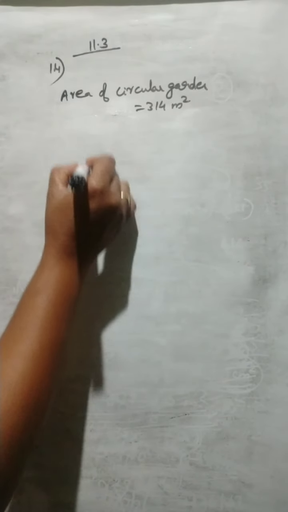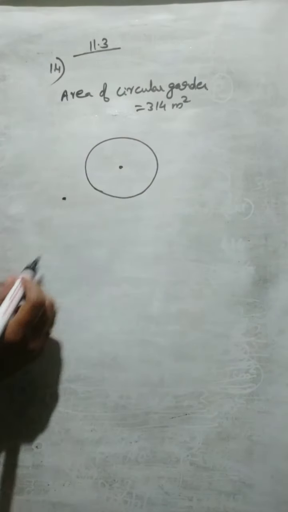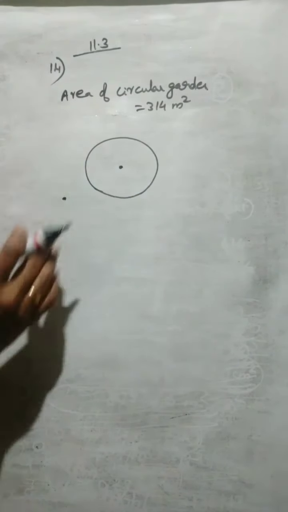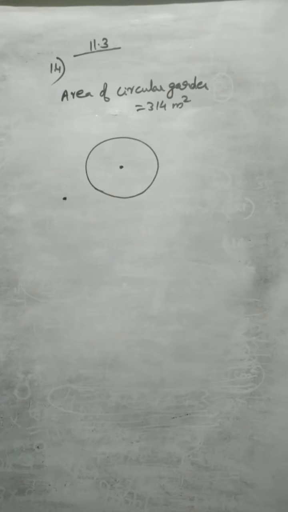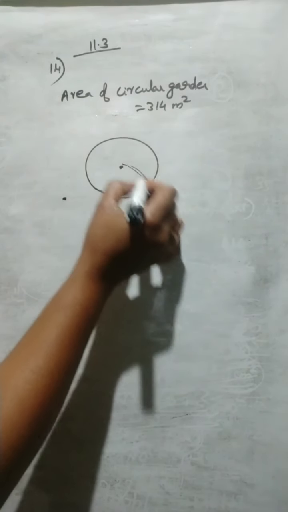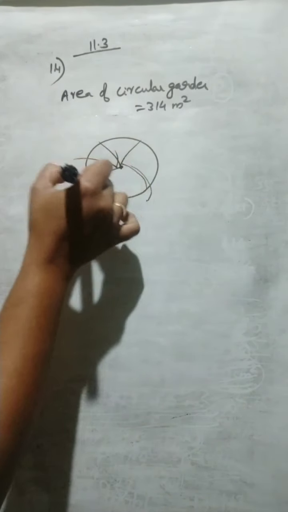There is one sprinkler at the center of this garden that can cover 12 meter, with the radius 12 meter.